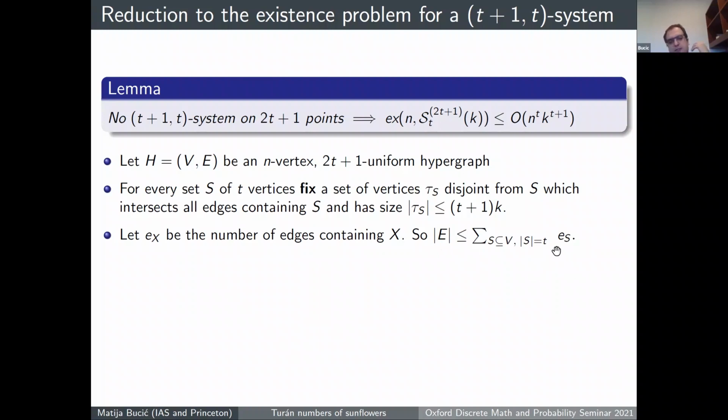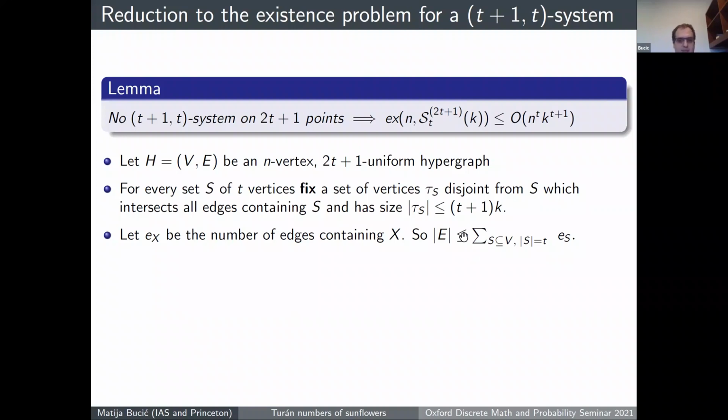We've actually counted every edge many, many times, because the edges have size 2T plus 1. They each contain 2T plus 1 choose T sets of size T. So in total, this is how many times they get counted. But remember, 2T plus 1 choose T is just a constant for us.